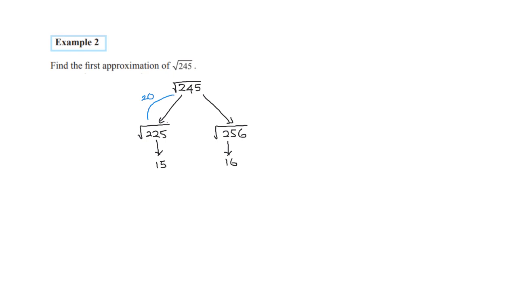Then 256 minus 225 equal to 31. So then we have 15 and 20 over 31, which is approximately equal to 15.6. Okay, now we have to check it again.